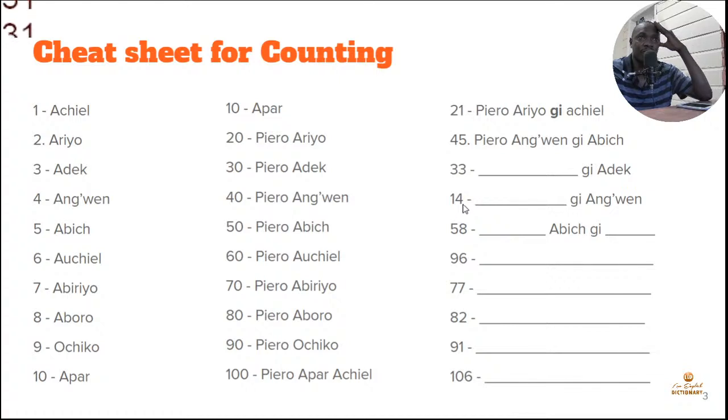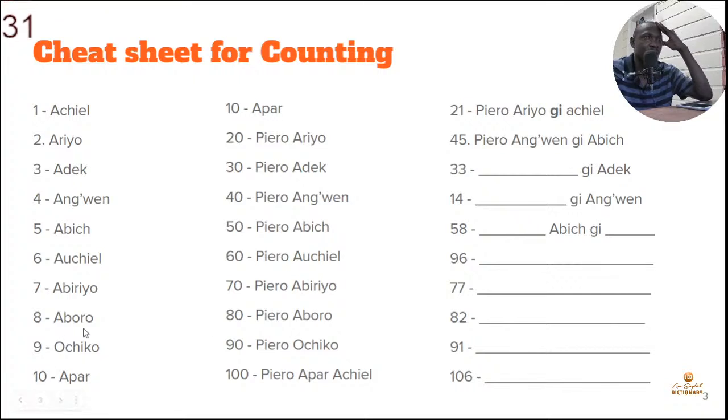Now let's look at 58. So 58 would be 50 and 8. And 50 is piero abich. So piero abich gi 8. So we look for 8. Piero abich gi aboro.